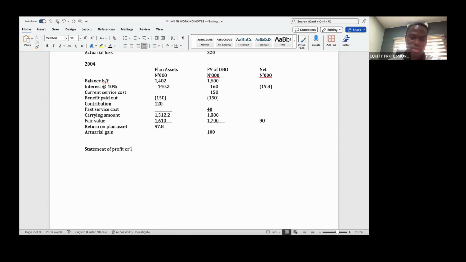Statement of profit or loss for the year ended 2002, 2003, 2004.